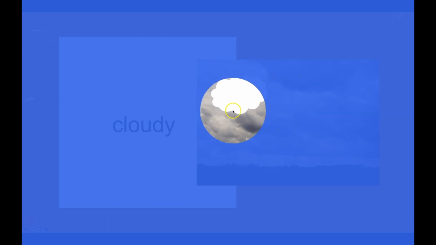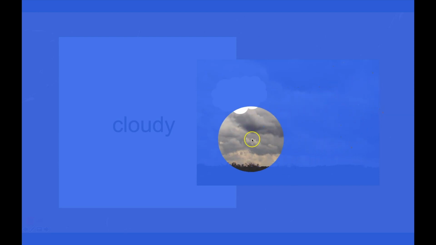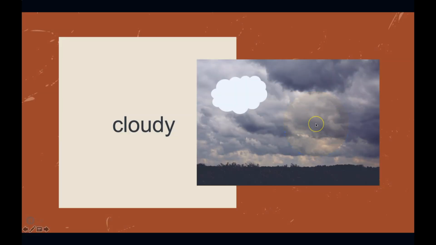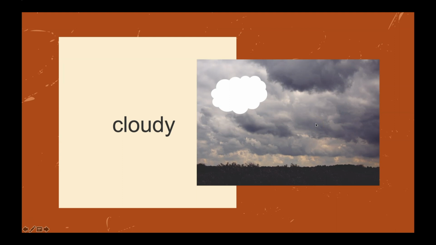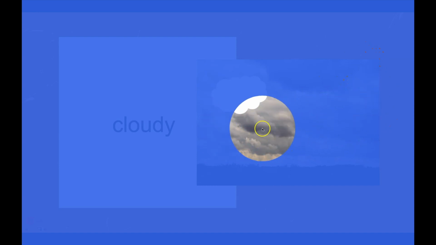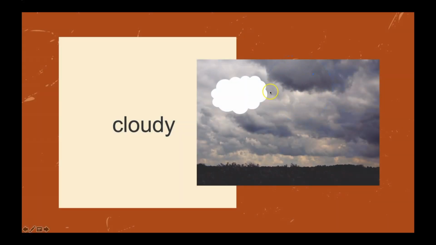This is a cloud, and the weather is cloudy because we have many clouds in what we call the sky. So this is the sky, and there are many clouds, like this cloud here, in the sky.